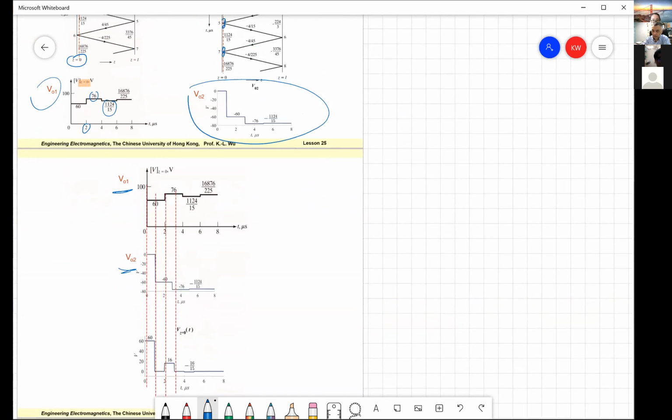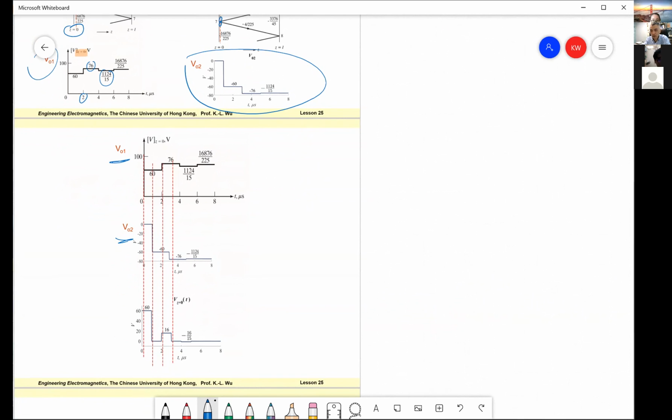Right now we just add, okay? We add them, right? So if it is between 0 and 1, this is 60, and this is 0, so we have 60, right? And in this part, 60 minus 60, that means 0, right?